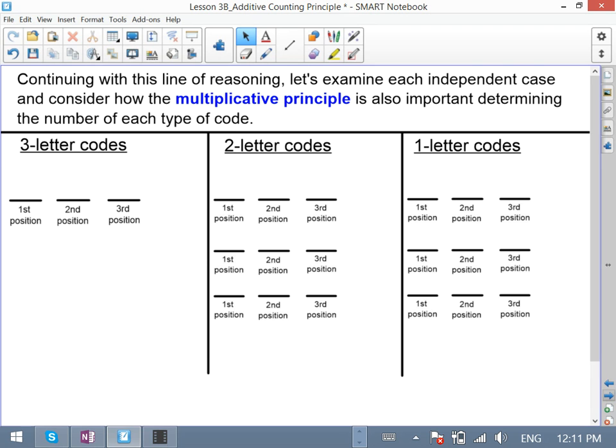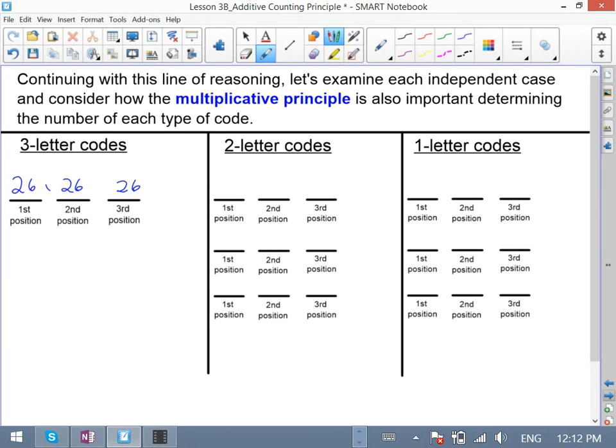For 3-letter codes, think about this. If all we're concerned with is letters from our alphabet, we're looking at 26 in each position of a 3-position, or 3-symbol, code. Using the multiplicative principle, we would end up with 26 to the power of 3.